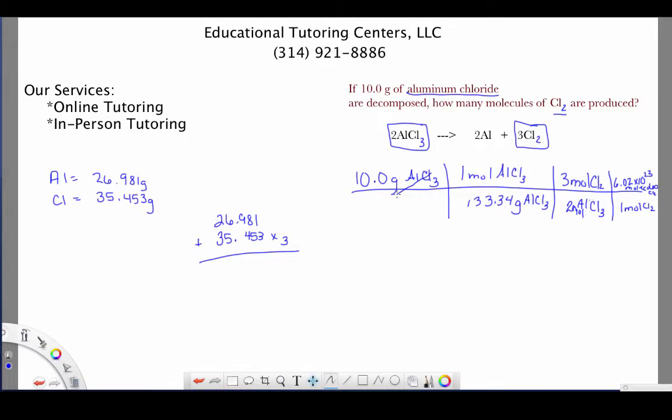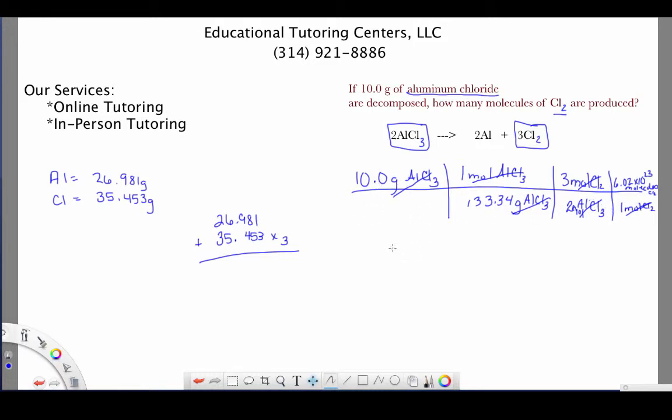Here we have grams of aluminum chloride canceling with grams of aluminum chloride. Here we have moles of aluminum chloride canceling with moles of aluminum chloride. And here we have moles of Cl2 canceling with moles of Cl2. And if you notice, all of our units have canceled away up top, except molecules. And in the denominator, everything has canceled away other than our numbers.